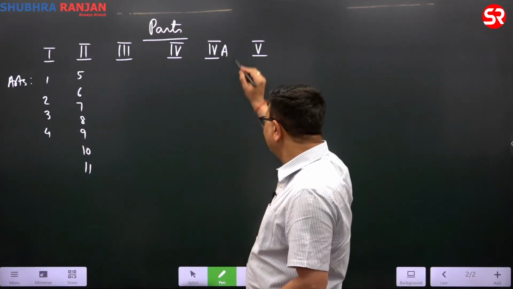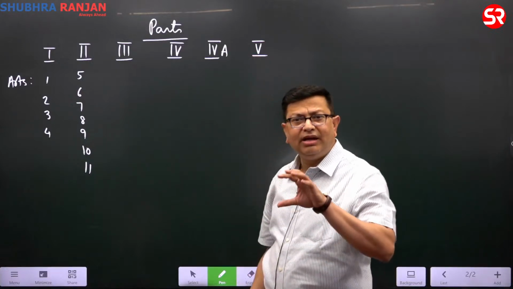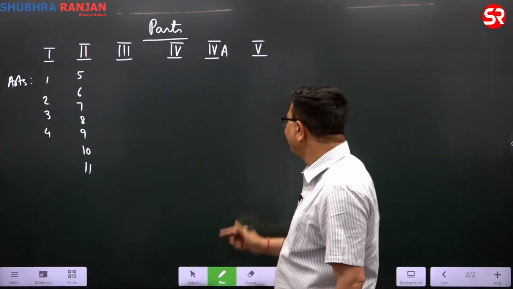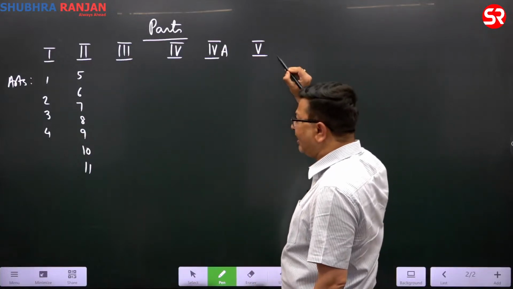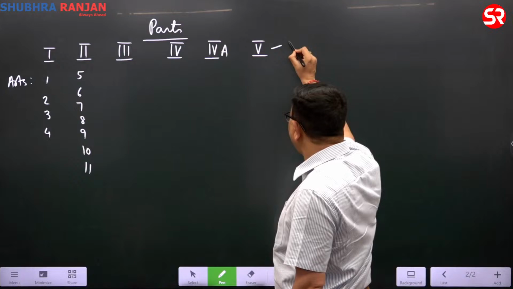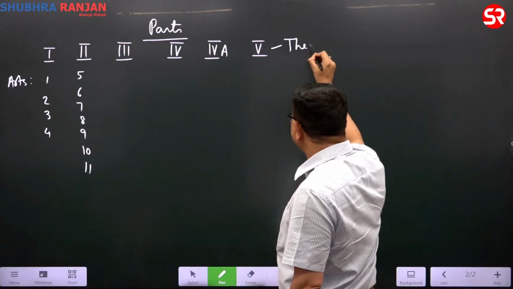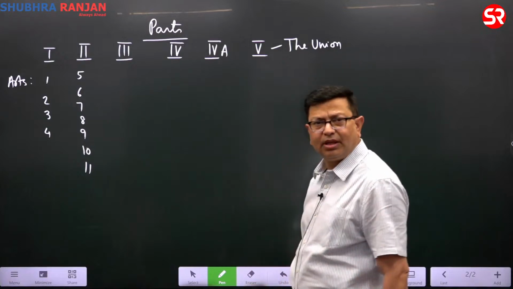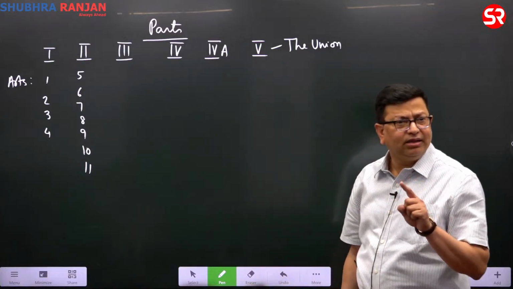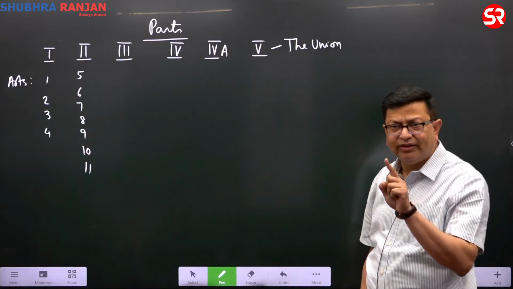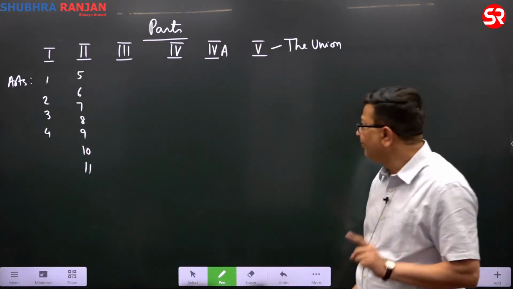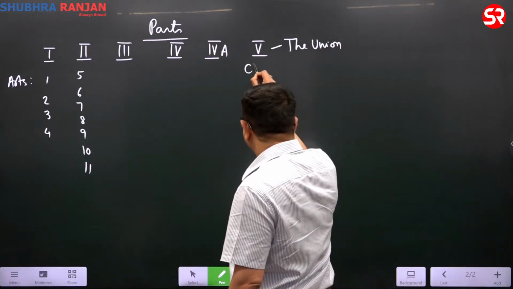Some of the parts are multi-dimensional. They have got different dimensions. For example, part 5 is the union. And within the union, we have the executive, legislature, and the judiciary. So we have got chapters here.